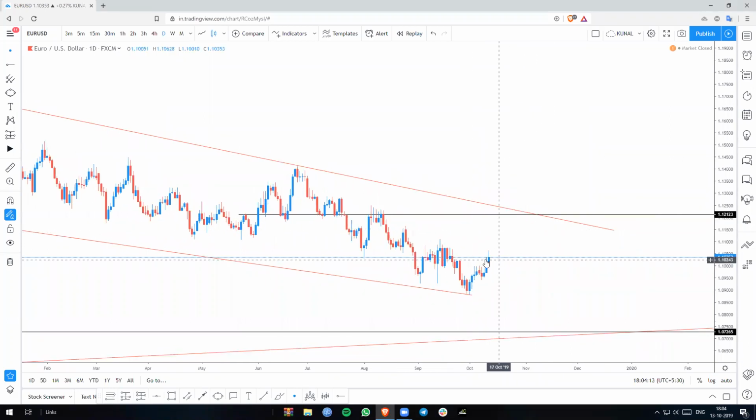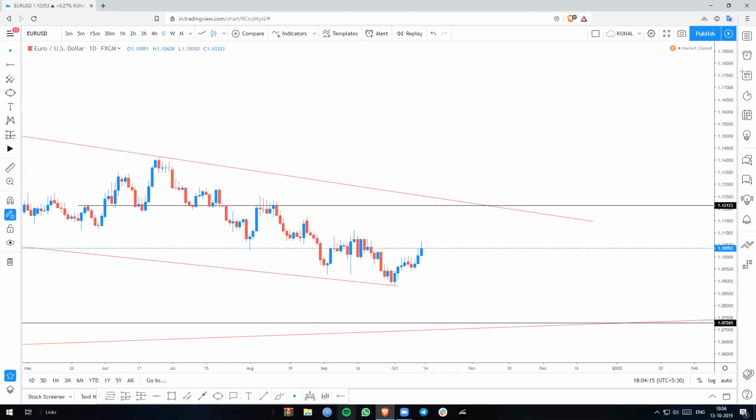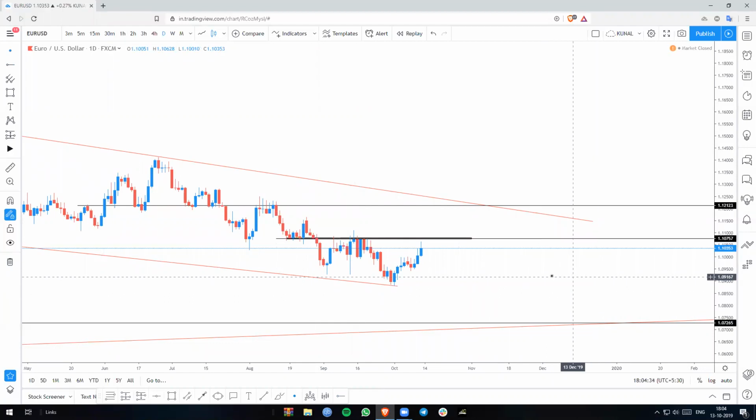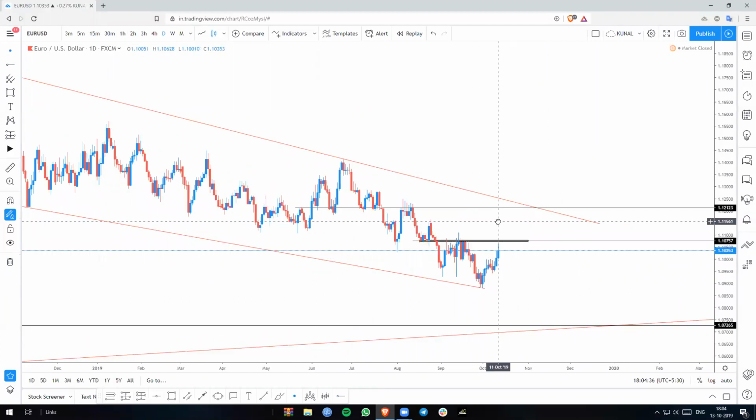What I'm expecting is, if Euro USD most likely breaks this previous lower high, which is the 1.1075 level, then most likely we are heading up till that level.